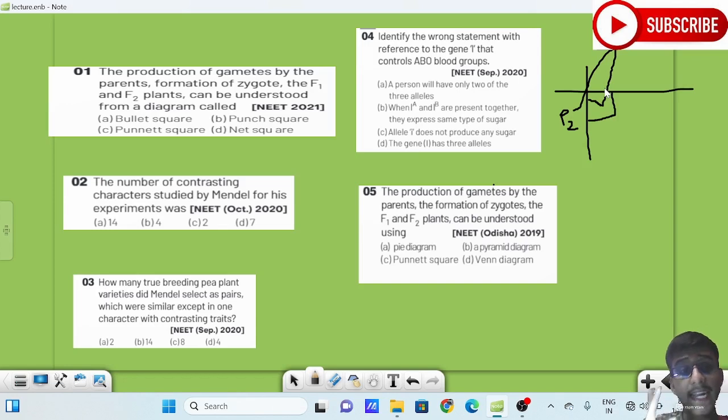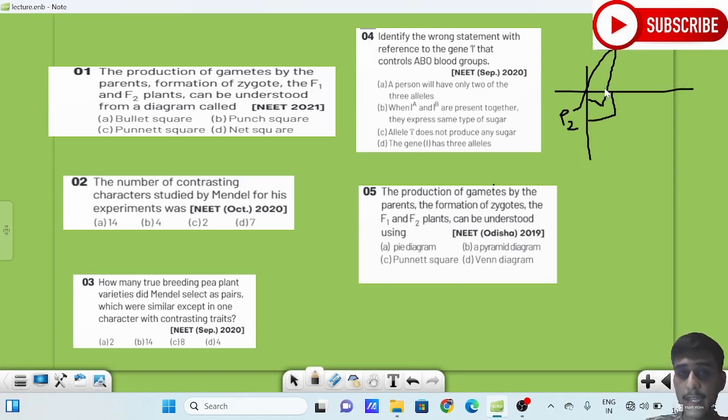We know that Mendel took 7 contrasting characters. While doing an experiment, he took one contrasting character, which means the selected male and female plants had all the same characters except in one character, which is the contrasting character.